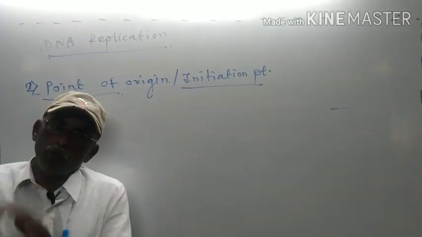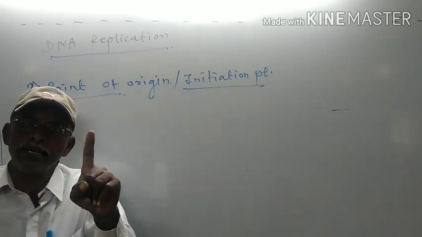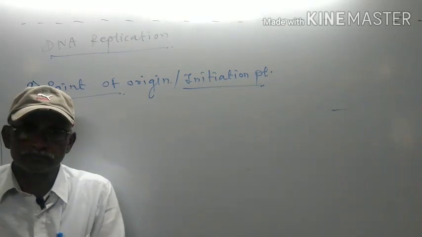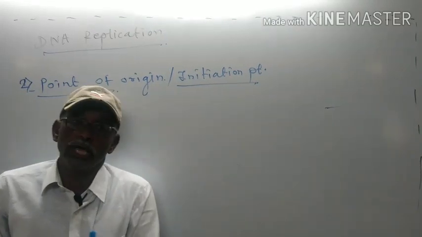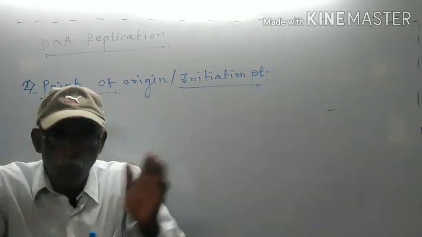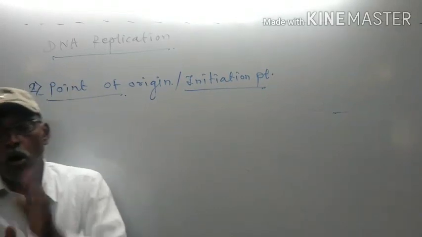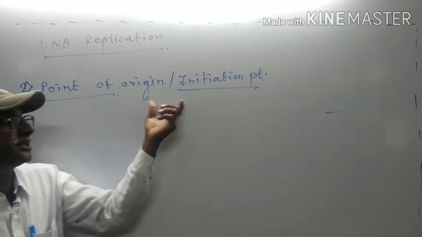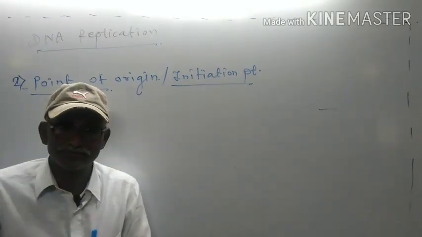If you see in prokaryotes, in theta replication, the DNA is cut at only one point. But the DNA in a eukaryote is long and long, and there are certain sites on that DNA. These sites are called points of origin or initiation points, on which a nick is given.